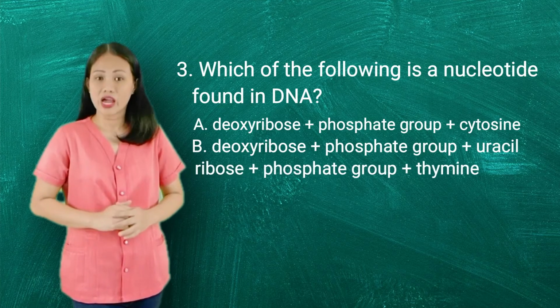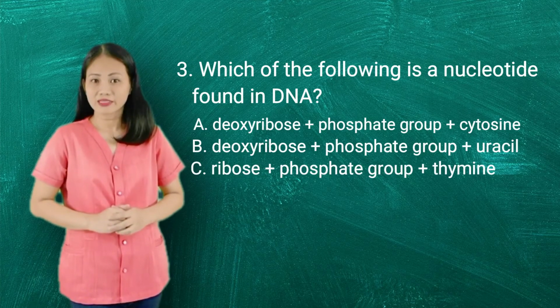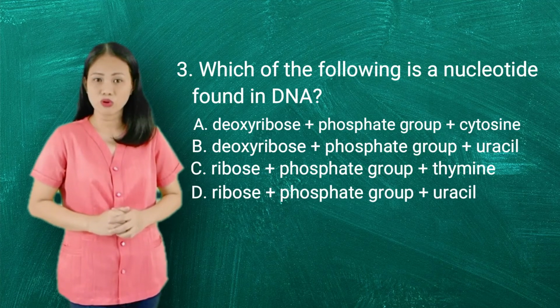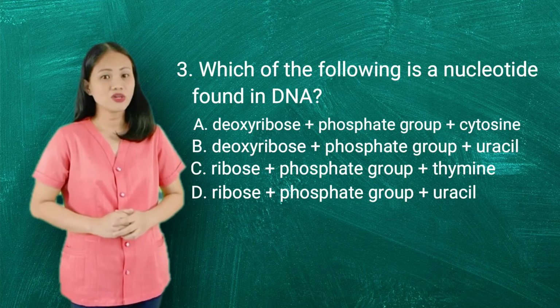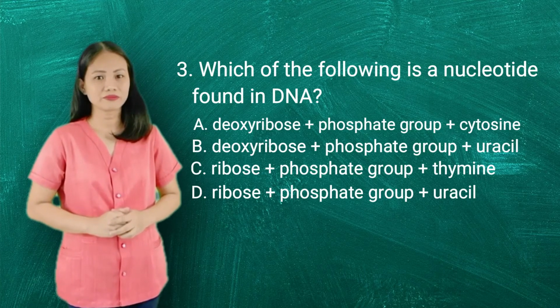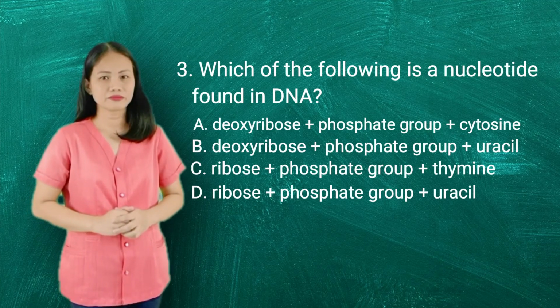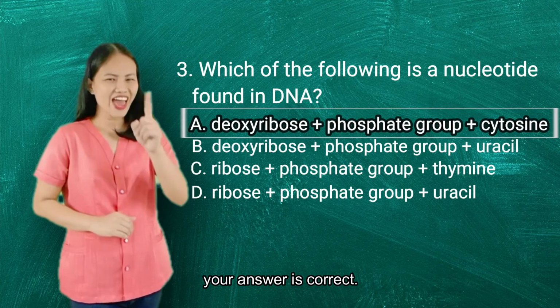C. Ribose plus phosphate group plus thymine. Letter D. Ribose plus phosphate group plus uracil. If you are thinking of letter A, your answer is correct.